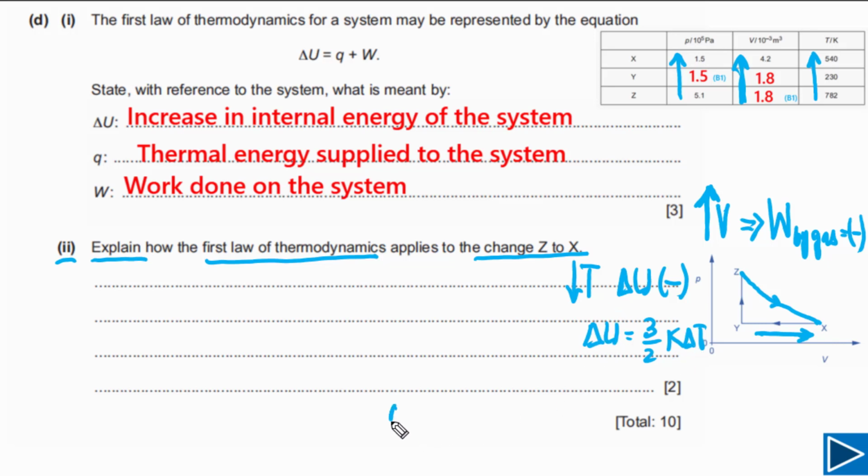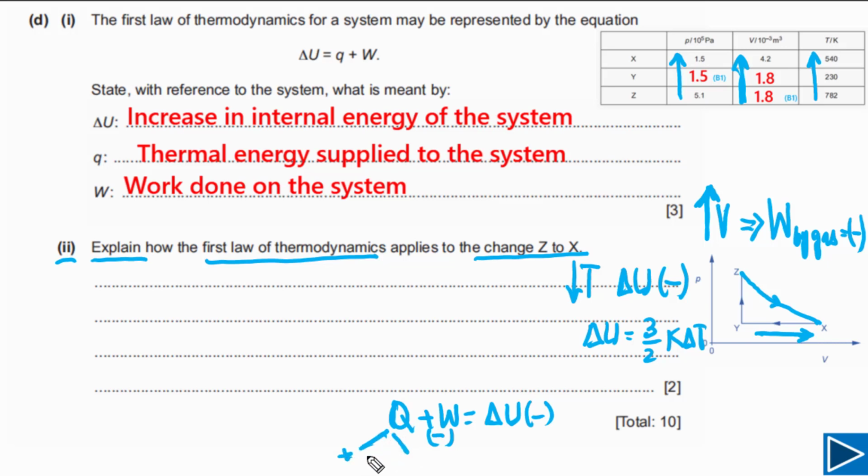Now if we write down the first law of thermodynamics, we can say Q plus W is equal to delta U. The change in delta U is negative, and W is also negative. But Q can be positive, it can be negative. It depends on the exact value of Q, how much Q has been added.